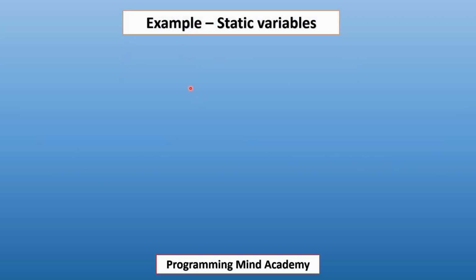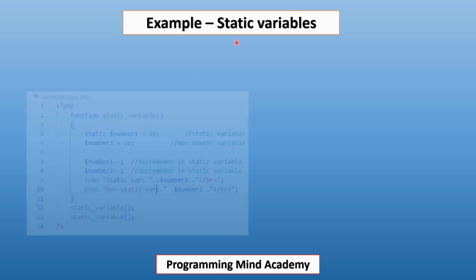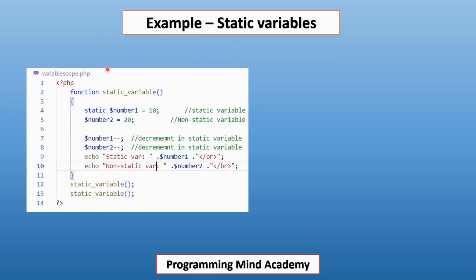So let's understand one example of static variables. This is the code I have written, and inside the function I have defined one static variable by using the static keyword. Dollar number1 is equal to 10, then dollar number2 is equal to 20, which is non-static.